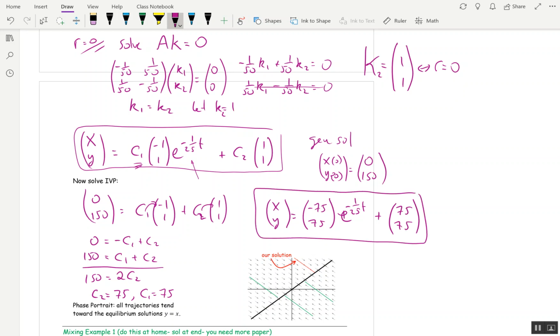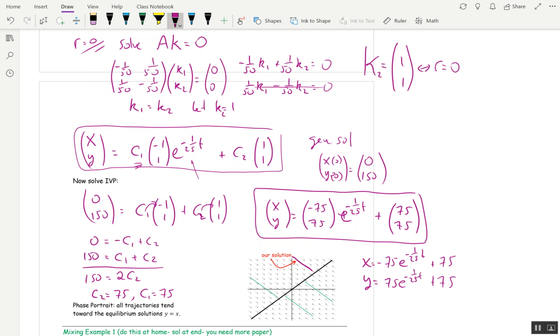Now, that's actually two equations. That's little x equals negative 75 e to the negative 1 over 25t plus 75, and little y equals positive 75 e to the negative 1 over 25t plus 75. If you graph those, that parametric curve, you get this red solution.